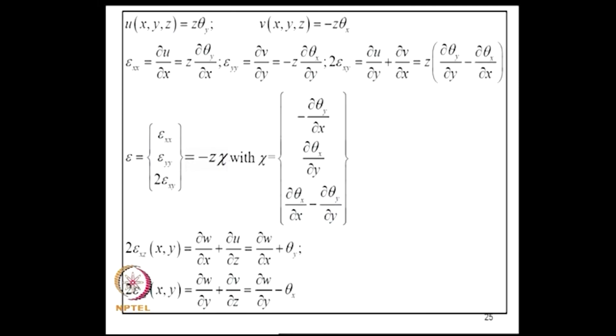Now, this as before is given by minus z into chi, but now this chi is given in terms of theta y and theta x; it cannot immediately be interpreted as curvature. So, this is dou theta x by dou y and so on. Now, the shearing strains are given by this: dou w by dou x stays, dou u by dou z is theta y and dou v by dou z is minus theta x.